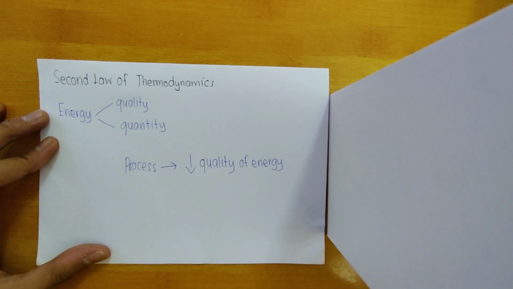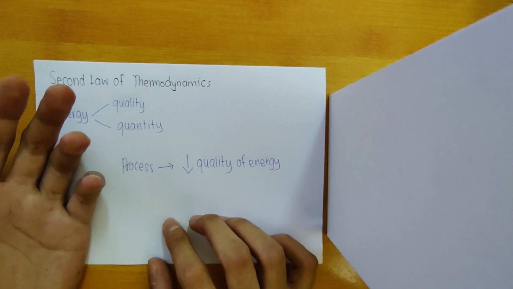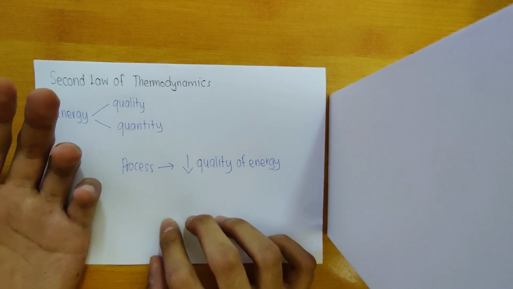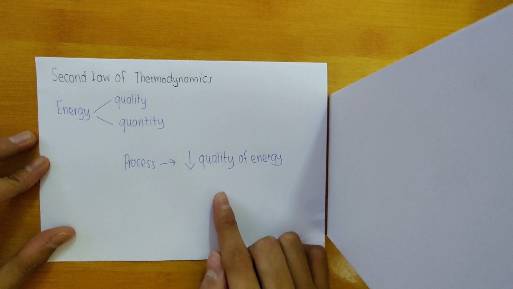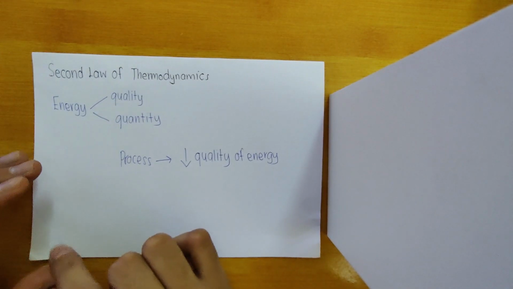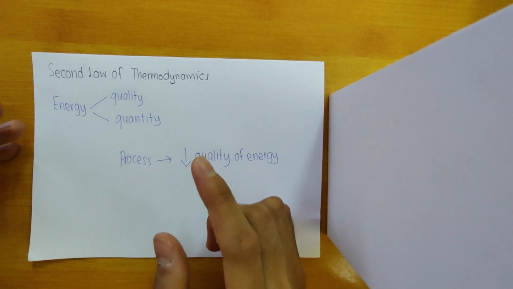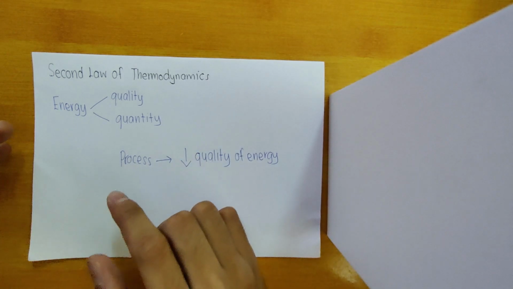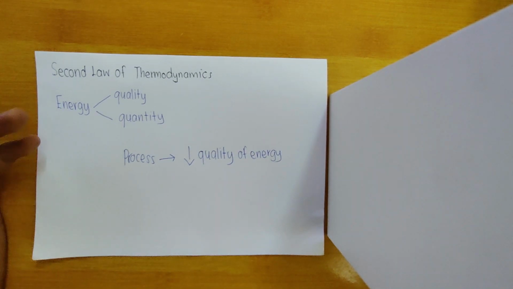For example, if we put a hot coffee in a cool room, the heat will flow in the direction of decreasing temperature, which means that the heat from the hot coffee will flow out to the environment that is cooler than the coffee. That is some basic application of the second law of thermodynamics.